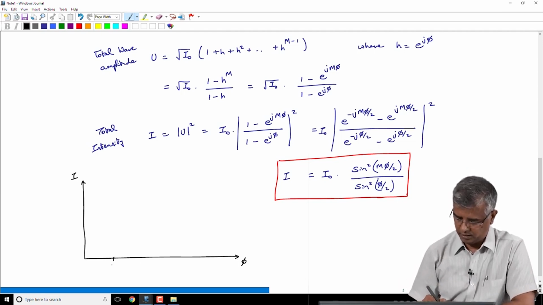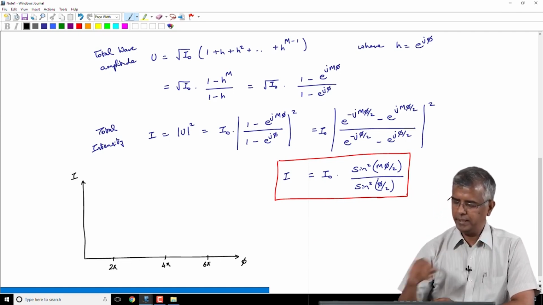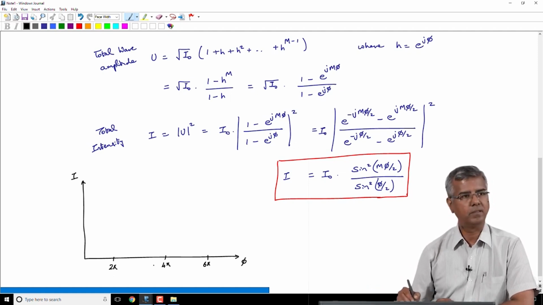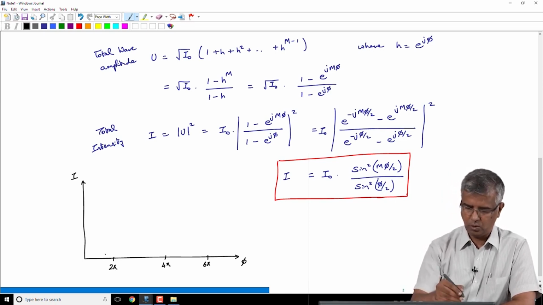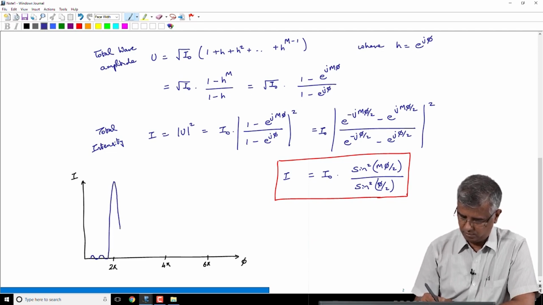So, I can plot this at 2 pi, 4 pi, 6 pi and so on, right. Clearly, this function will peak whenever we have 2 pi, 4 pi, 6 pi and so on. So, overall the function is going to look like this.